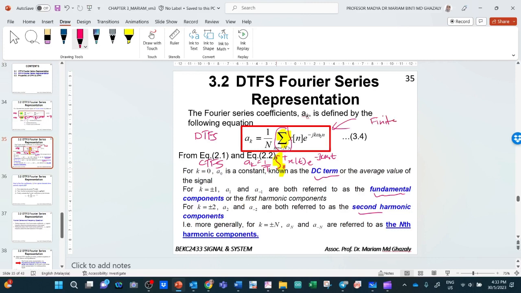For continuous time it is from minus infinity to infinity. But for discrete time, in terms of the k value, it is going to repeat again for the N harmonic component. I will discuss it later in an example.